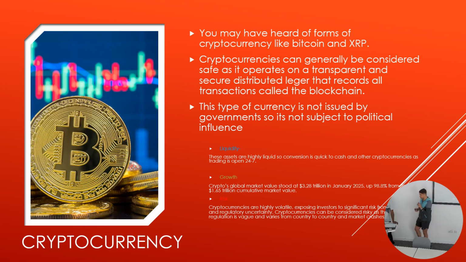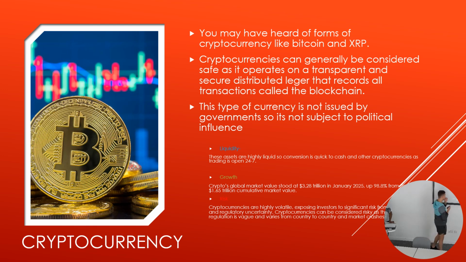You may have heard of a form of cryptocurrency like Bitcoin and XRP. Cryptocurrencies can generally be considered safe as they operate on a transparent and secure distributed ledger that records all transactions, which is called the blockchain. This type of currency is not issued by governments, so it's not subject to political influence.